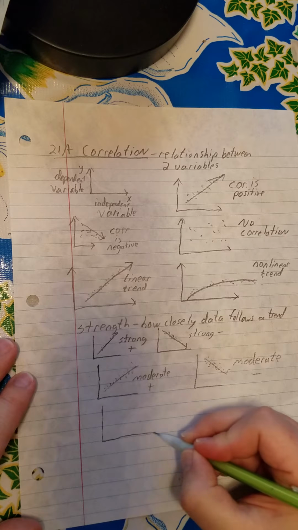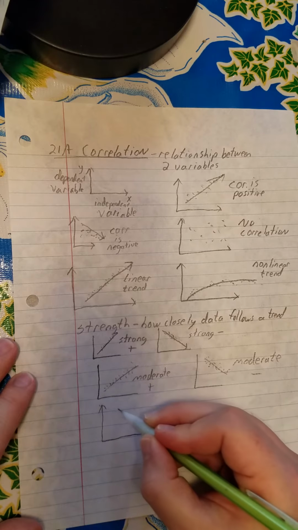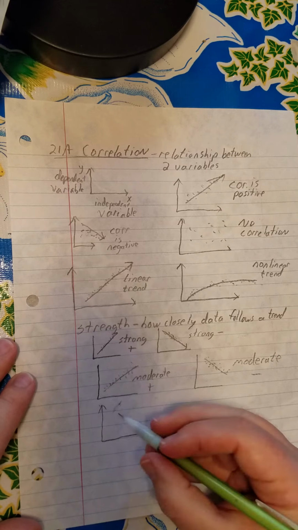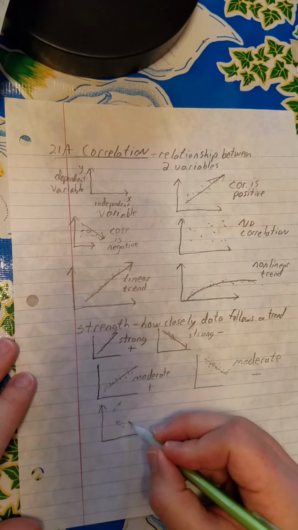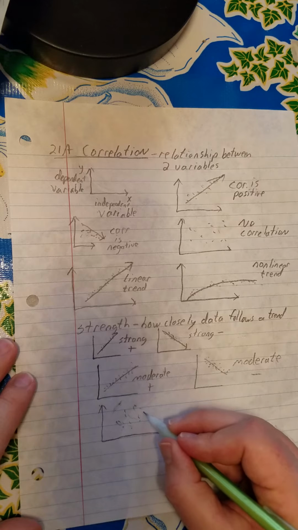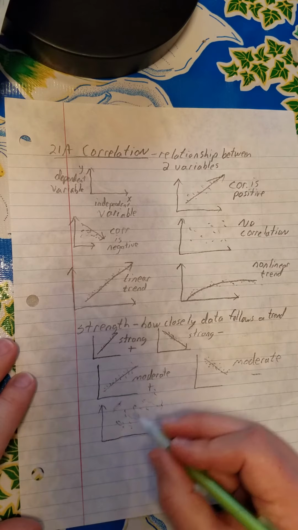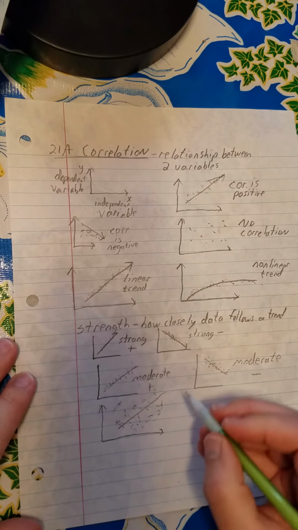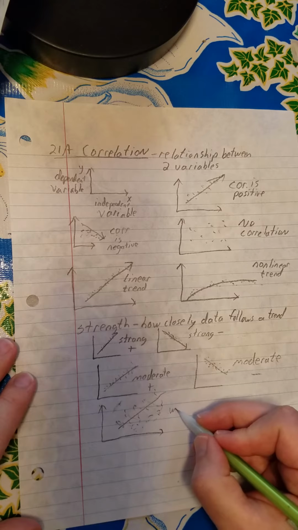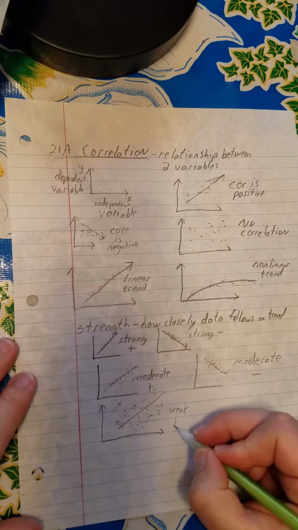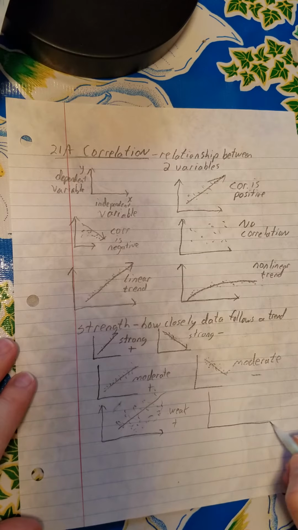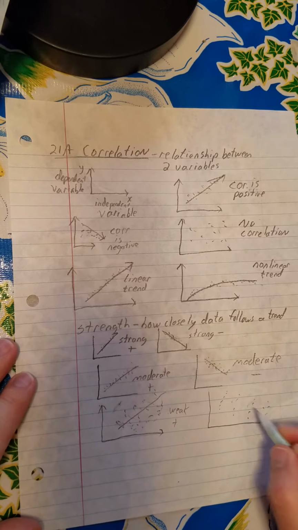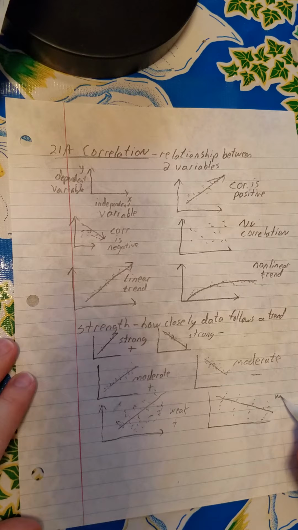And if the data is really spread out, let's do a positive one first, but still has a correlation, we would say that's a weak correlation. And again, you can have weak positive or weak negative.